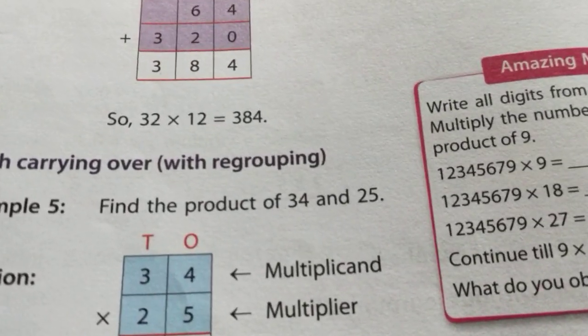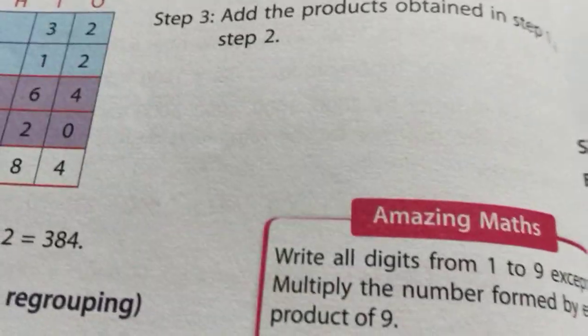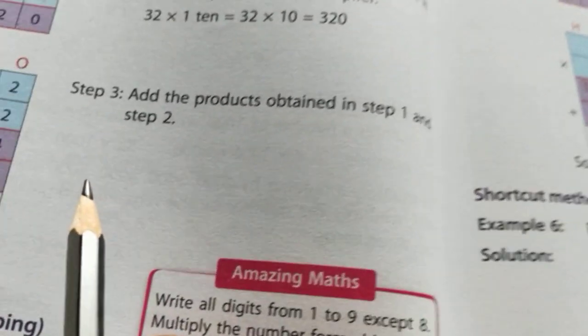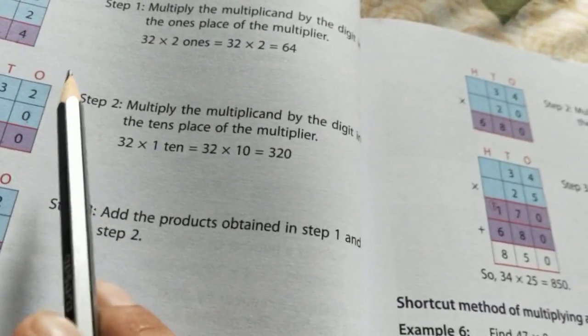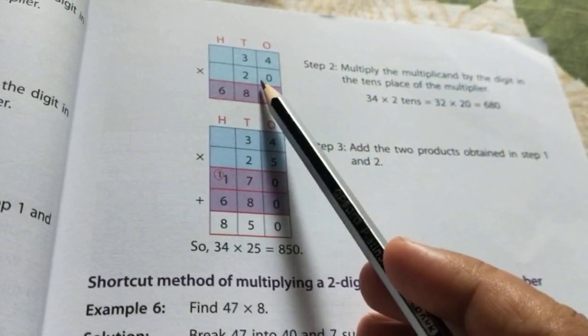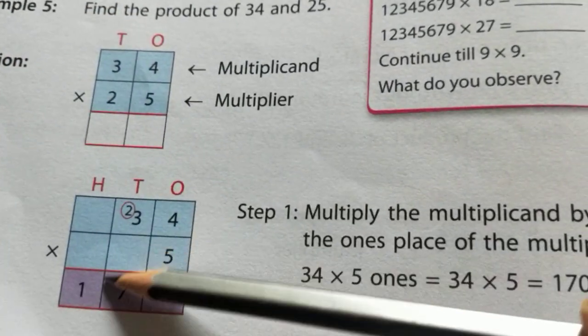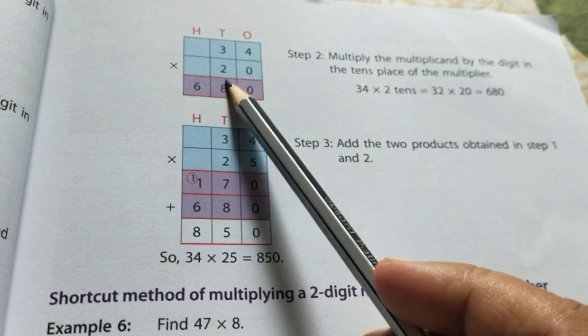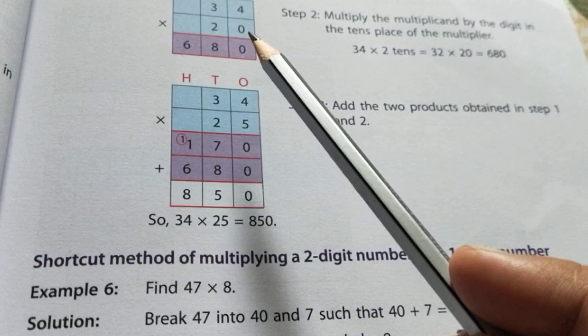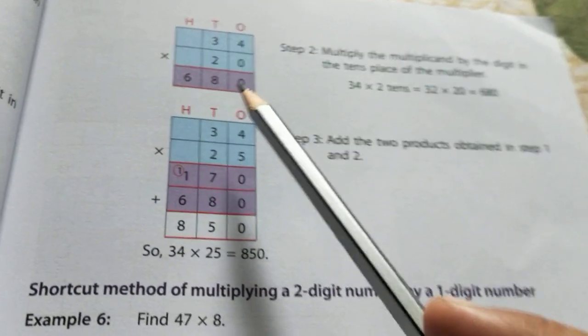Now find the product of 34 into 25. They have explained over here in detail. Instead of this whole process, first multiplying by 5 and keeping the answer aside, now again multiplying the same number by 20 and keeping this number aside, you can do it in a single process.